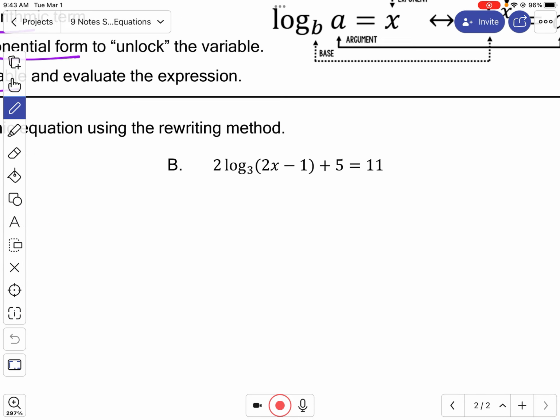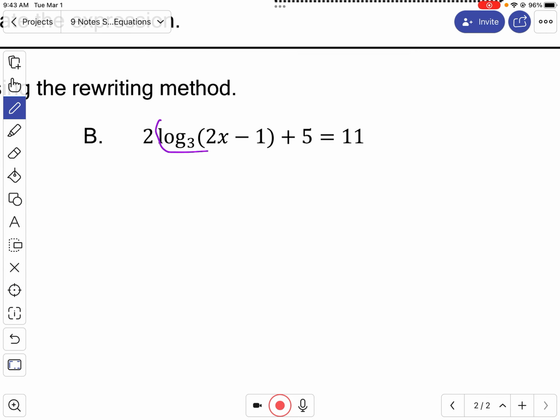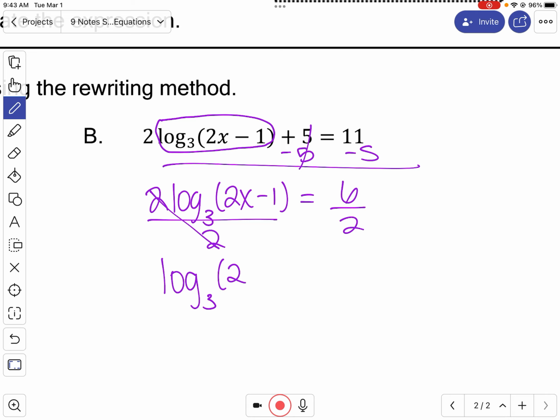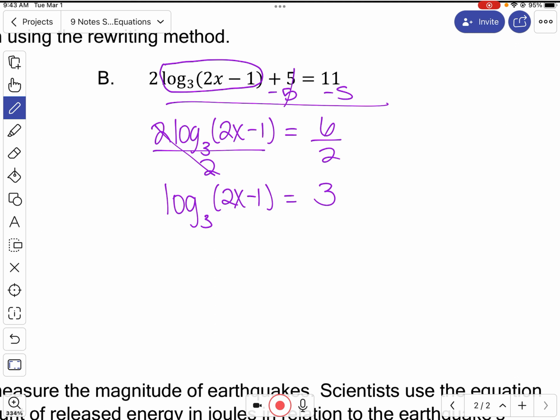Okay, doing the next one. First we have to isolate the log. We didn't have to do that in the last one because the log was already isolated. So first I have to subtract 5. Then divide by 2. Now that I've isolated, I'm changing to exponential form.